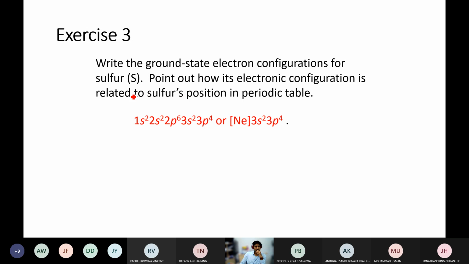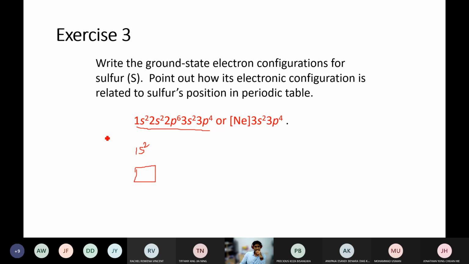We can write the sulfur electronic configuration in this form: 1s2, 2s2. According to the rules we have seen above, it will start filling from the lower energy state, right?